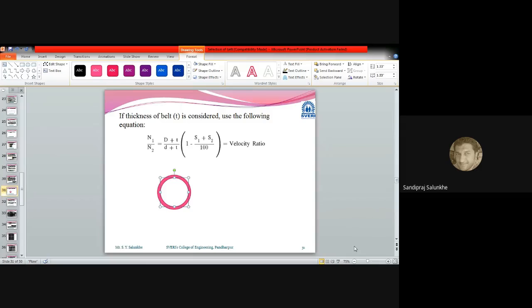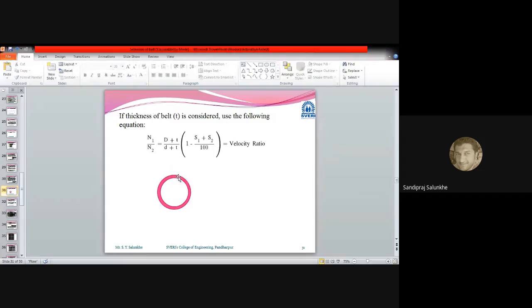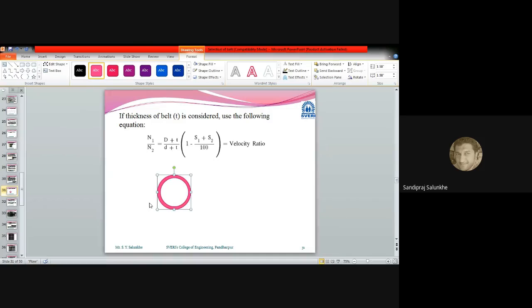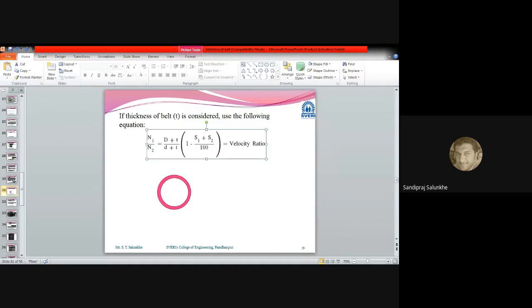In that case, if you consider only the diameter of this white circle, that is the pulley, it will not be sufficient. If you consider the thickness also, then this formula will get modified. Here we are going to consider the thickness of this belt also.